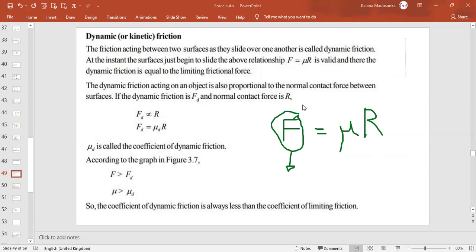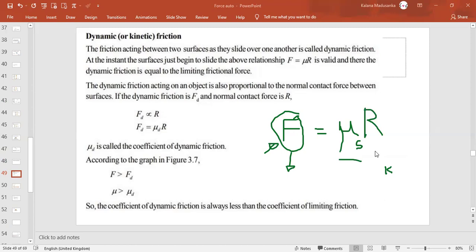F is not the applied force. It is the friction force. In the question they might give mu k or mu s. If the object is in the static condition, you apply the mu s value multiplied by R.